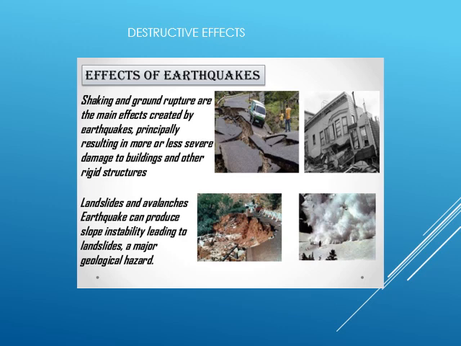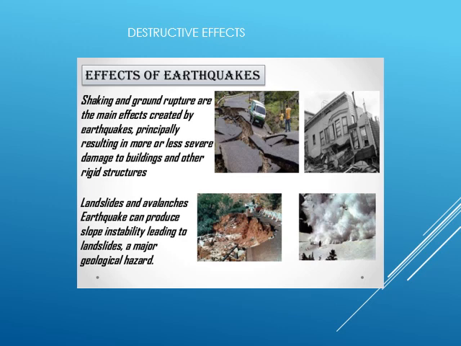As I already told you, from the point of view of Earth, the earthquakes are good because they release the immense amount of energy which is there in the interior. But from the point of view of human beings, the earthquakes are very destructive because they result in immense loss of life and property.